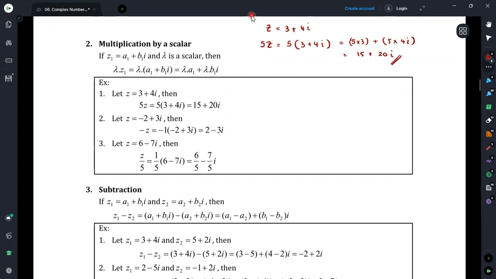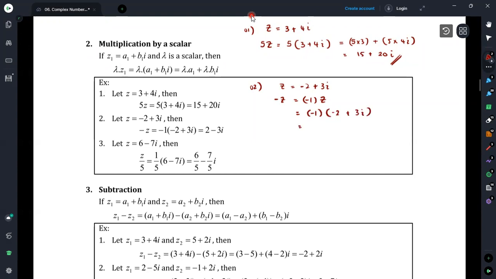Then in the second example, z is given as minus 2 plus 3i, and you are asked to obtain the value of minus z. Minus z means minus 1 multiplied with z. Then we get minus 1 times minus 2 plus 3i.